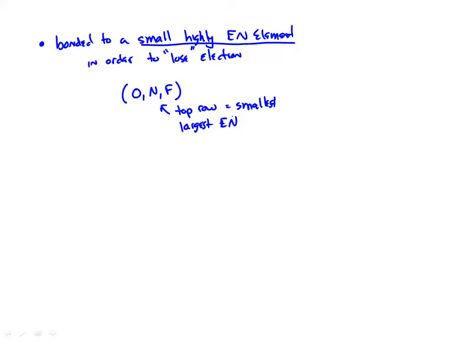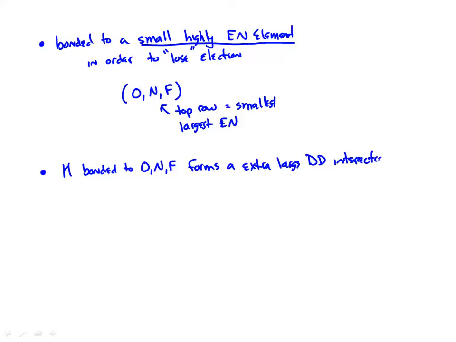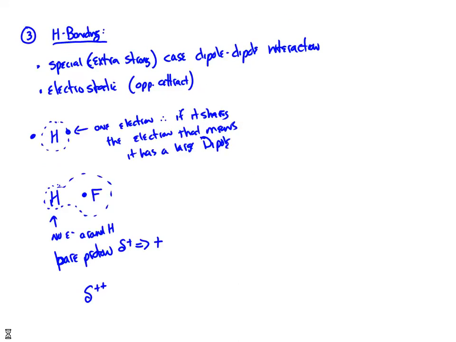So if we sum those two bullet points up, the idea is that hydrogen bonded to oxygen, nitrogen, or fluorine forms an extra large dipole-dipole interaction. And actually, I meant to put this under dipole-dipole, I apologize.